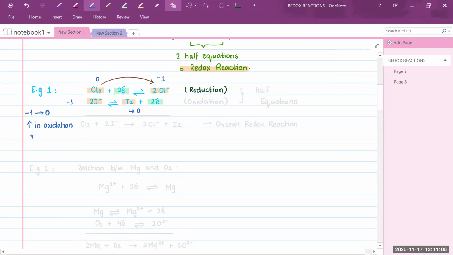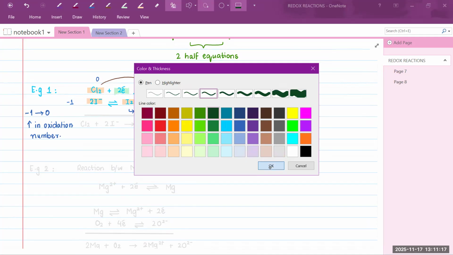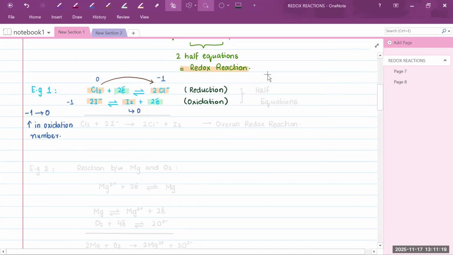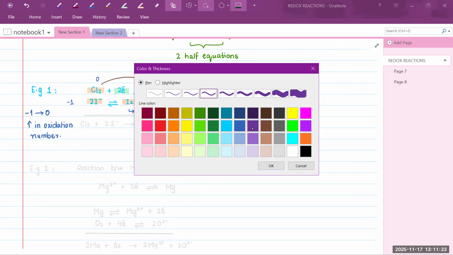I'll be doing the definition of oxidation number after these examples. So this one we identified as oxidation, right? And these are the two half equations.